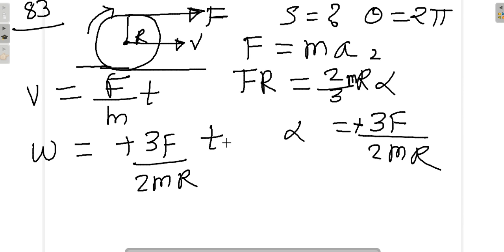So these are the two equations, but instead of using these two equations, since we are interested in finding a relationship between s and theta, you can use Newton's third equation of motion, that is v square equal to u square plus 2as. So you can use that relationship also.